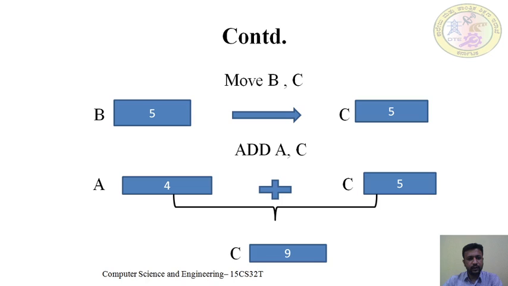In this case, the contents of A are added to the content of C and the results stored in C. So in this case, A, having 4, is added to the C value 5 and the results stored in C. That is, C contains the addition of A and B. The 3 address instruction add A comma B comma C can be done by using these steps by using 2 address instructions.